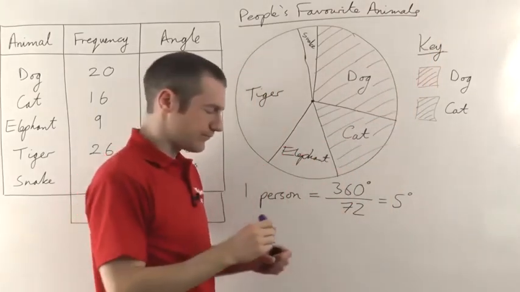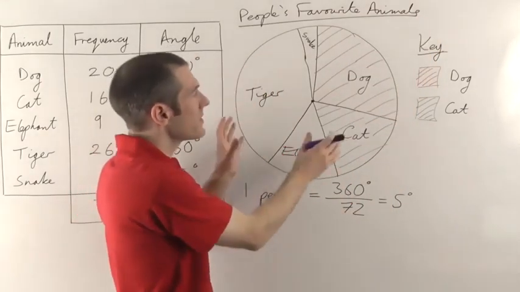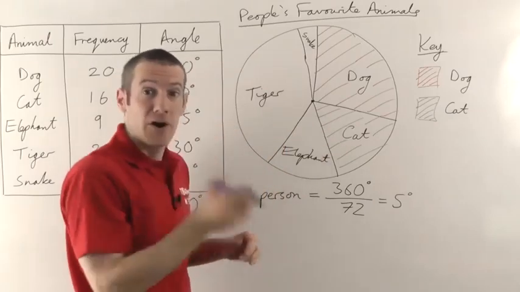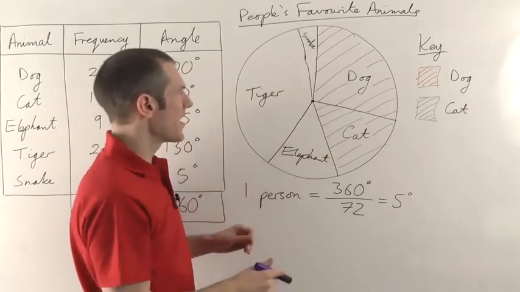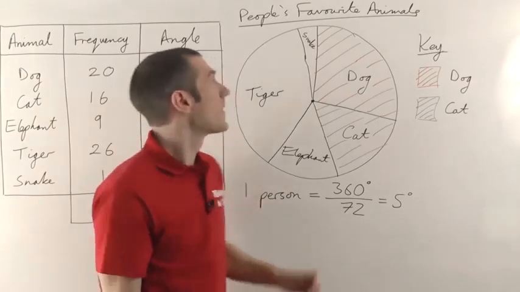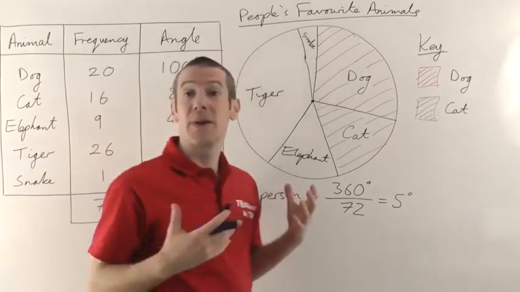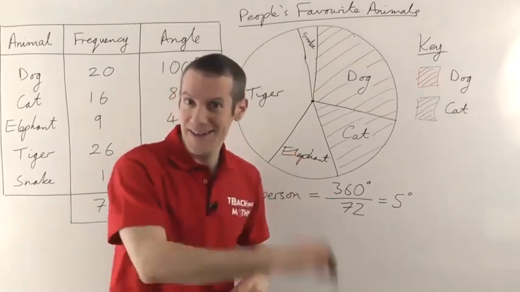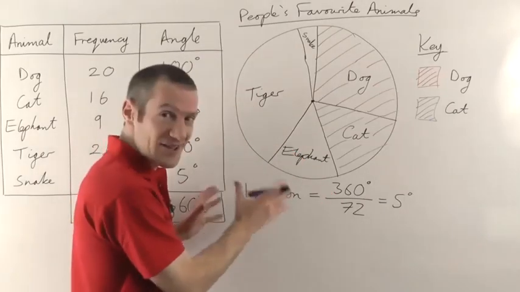Something like that. It's important that it's descriptive, that it explains what the chart is about. Otherwise, people will look at this pie chart and they'll be like, okay, it's got something to do with animals, but I've no idea what. So you need the title to explain, okay, it's people's favourite animals. I see. So that's how you construct a pie chart.